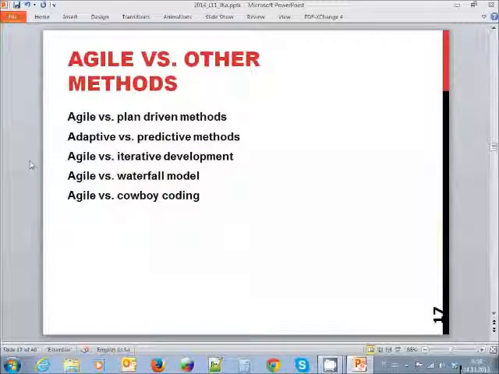How different models can be improved. For example, against the plan-driven methods, do we absolutely need to have highly detailed plans? On the iterative development, why are we using iteration?